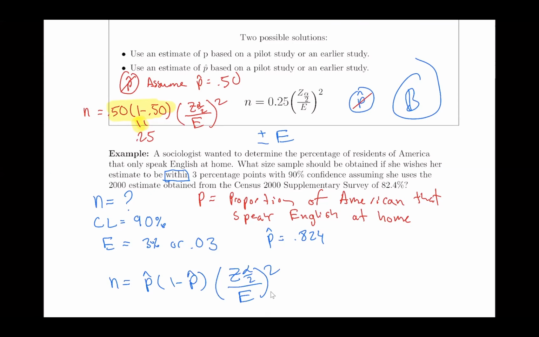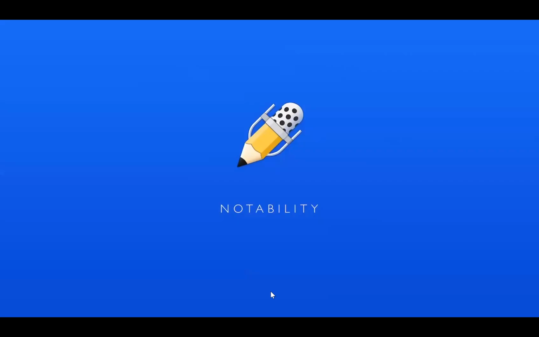Up next, the only thing we have to find is this Z value. The way we're going to find the Z value is to look at our Z table. The confidence level is 90%, so I'm going to look for the confidence level of 90% and see which Z value is associated with it.